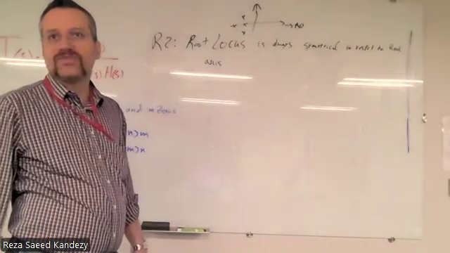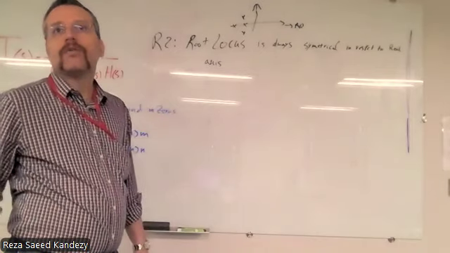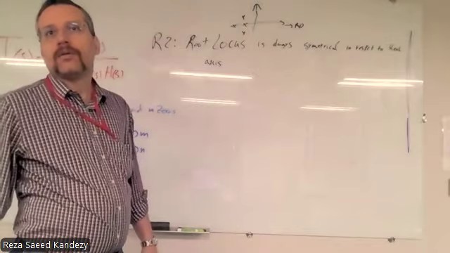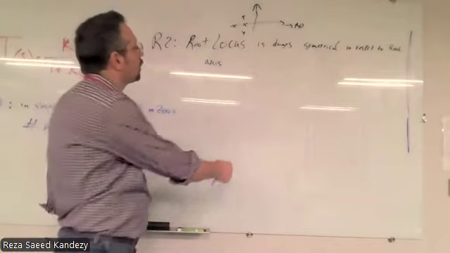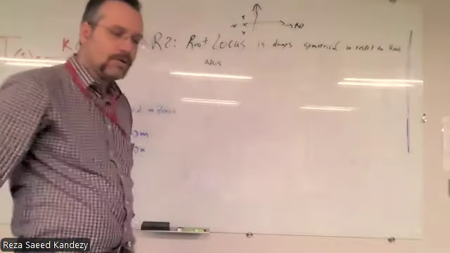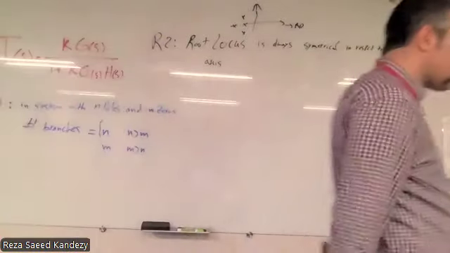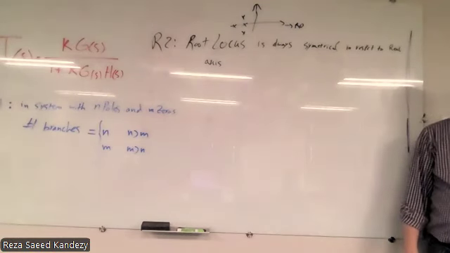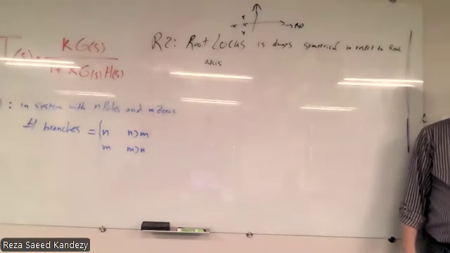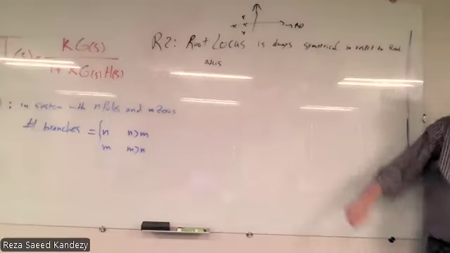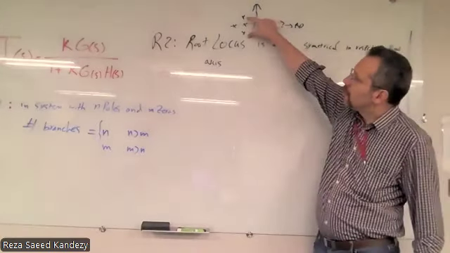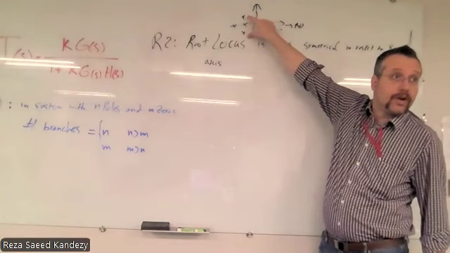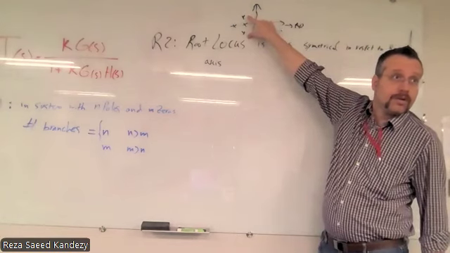So we could have a pole as a real number, or we could have a pole as a complex number. So why is the root locus always symmetric with respect to the real axis? What is the property of these two complex ones? They are conjugates of each other.